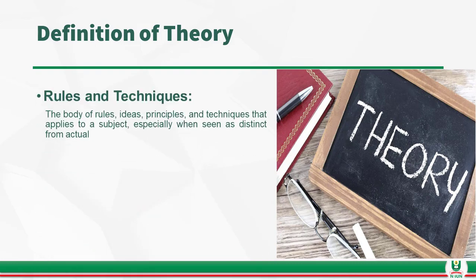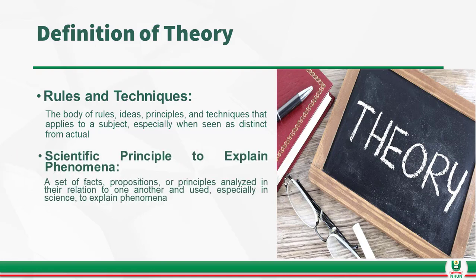Now, theories are rules, are techniques. They are the body of rules, ideas, principles, and techniques that apply to a subject, especially when seen at a distance from actual. People may have observed something abstractly, but in order to get the facts, maybe whether that thing exists or not, we need to prove it.